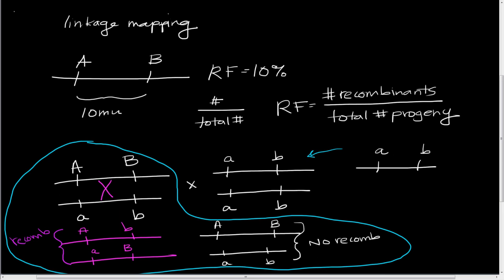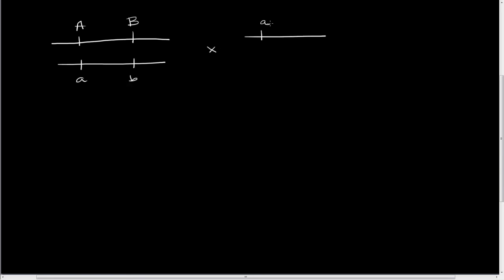So let's look to see what's going to happen in this cross. Let's redraw our cross up here. We've got our big A, big B chromosome, and our little a, little b chromosome. And we're going to cross this to an individual who is little a, little b, little a, little b. So all of our progeny are going to be getting this little a, little b chromosome from this parent.